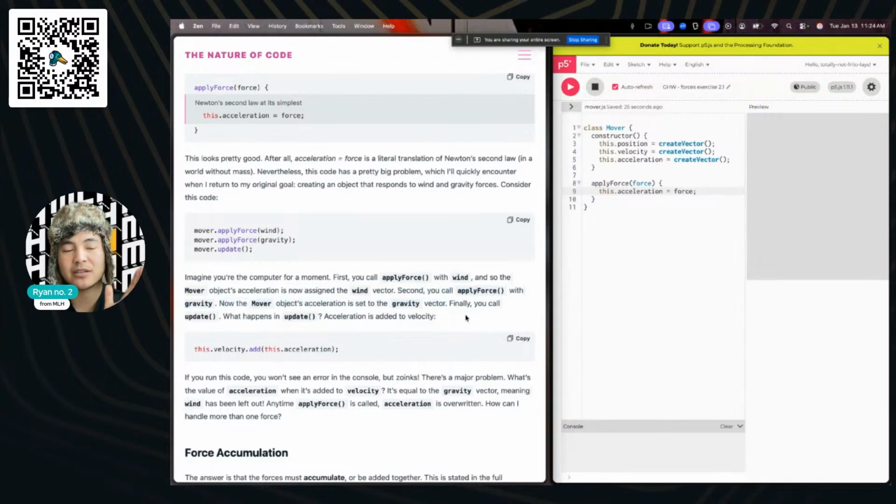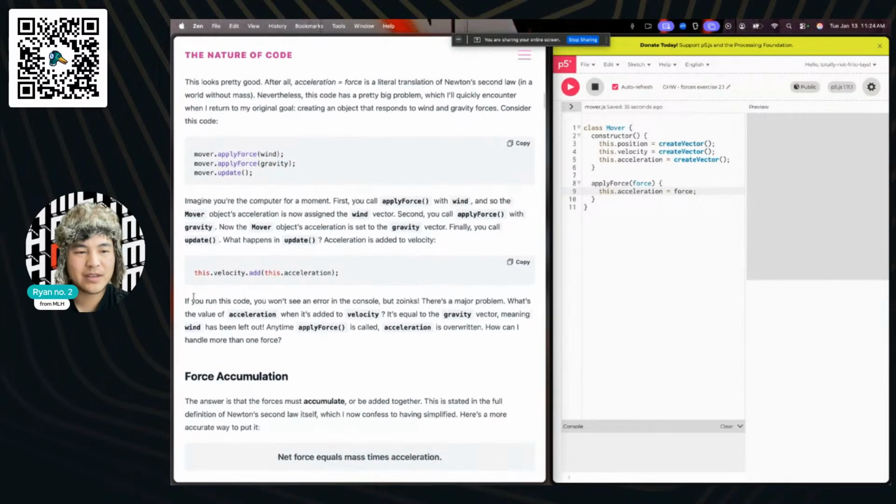So we don't actually do the combination of vectors. We only take whatever the most recent thing is. And so we've got a logical error, which is an error that we won't be able to see in the console because things just aren't behaving the way that we're expecting them to.